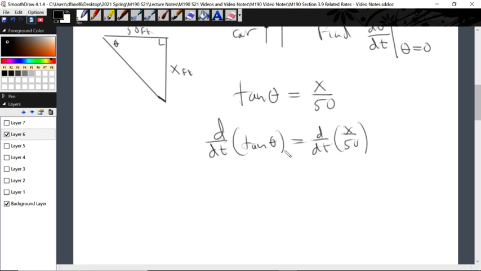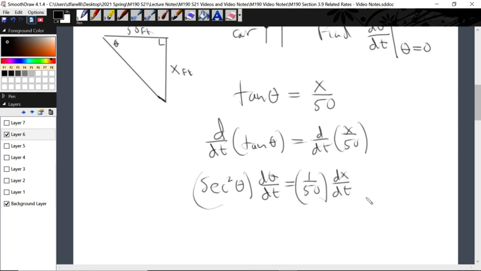All right, the derivative of the tangent of theta is secant squared of theta, and then by implicit differentiation we multiply by d theta dt. On the right, the derivative of x over 50 is 1 over 50, and then by implicit differentiation, we multiply by dx dt. Now evaluate at theta equal to 0.